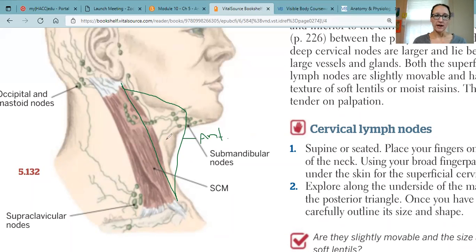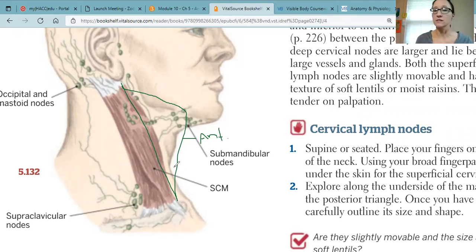The anterior triangle has the trachea, the common carotid artery, lymph nodes, the jugular vein, which we haven't even mentioned yet, okay? So all of these structures are within the anterior triangle, here, here, and here. So the borders are the mandible, the trachea, and the SCM.